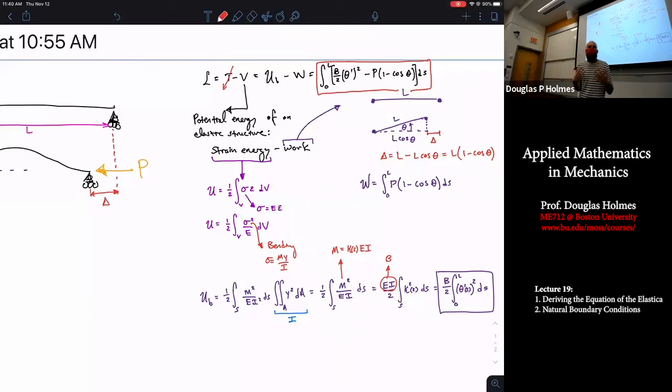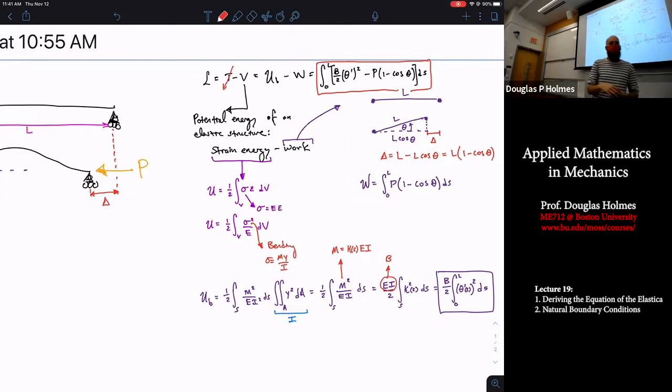Remember, you often solve these things with two kind of generic examples, one being simply supported conditions and one being doubly clamped boundary conditions. So I would like you to go through the process of calculating the math, but then also thinking conceptually about, what am I talking about when I say that these boundary conditions exist or fall out of this calculation?